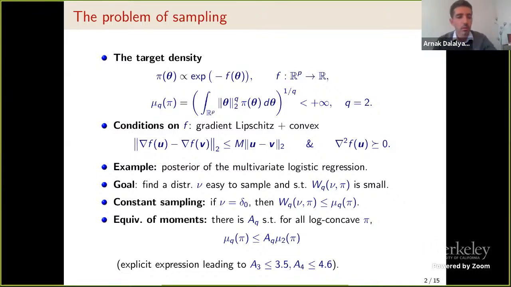This inequality was known long ago. It can be proved using a very famous Borell inequality, but we did a little bit of tedious work in order to figure out the real order of magnitude of the constants involved in this inequality. It turned out that, just out of curiosity, for q equal to 3, a_q is smaller than 3.5, and for q equal to 4, it's 4.6.